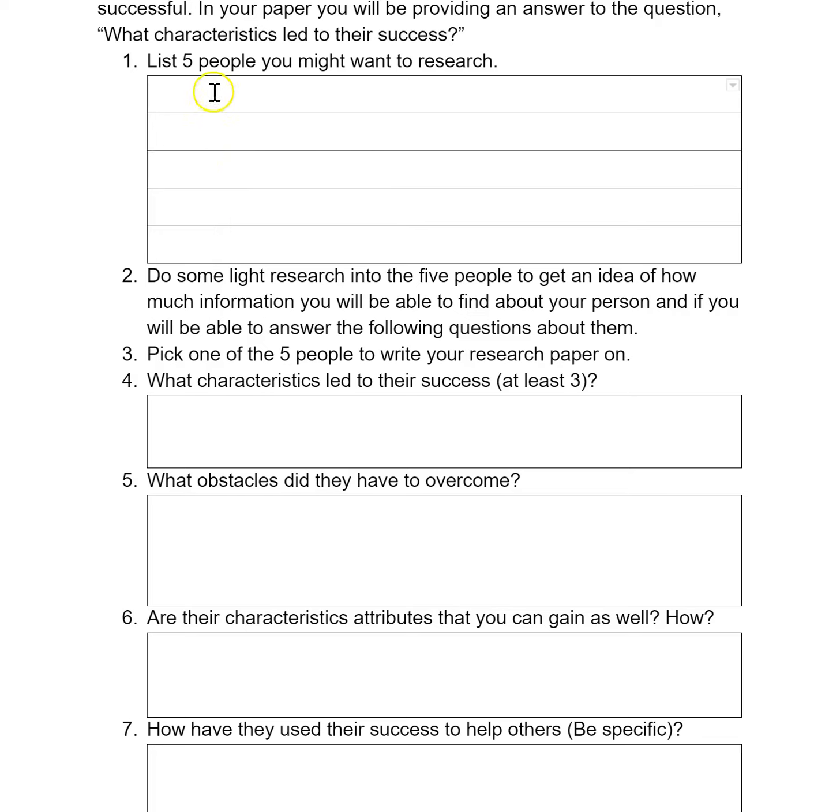Try to pick people that do other things in other fields. So don't pick just actors or just musicians or just sports figures. Try to get a mix of people, okay? Business people. An athlete is fine. You can have an athlete, but don't choose all athletes to research from the beginning, okay? So just 5 people that you think of as successful that you may want to end up writing about.